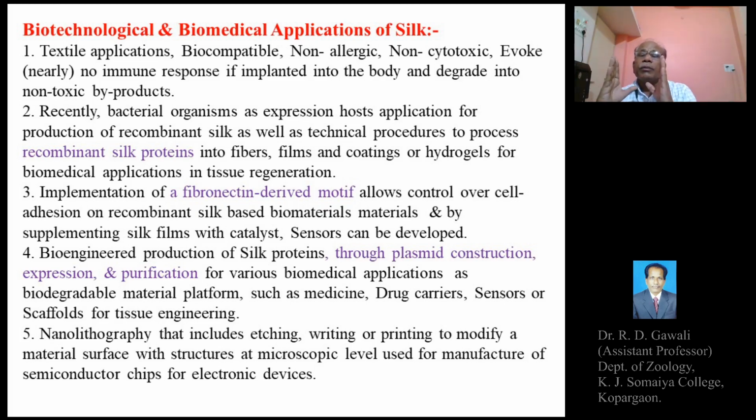So for the purpose of transfer of DNA or the genes from donor to recipient by using the plasmids. So plasmids, they serve for the expression of the desired genes or the desired DNA in the recipient cells.